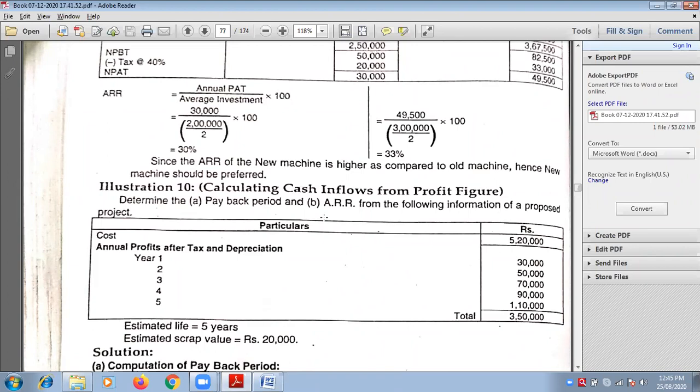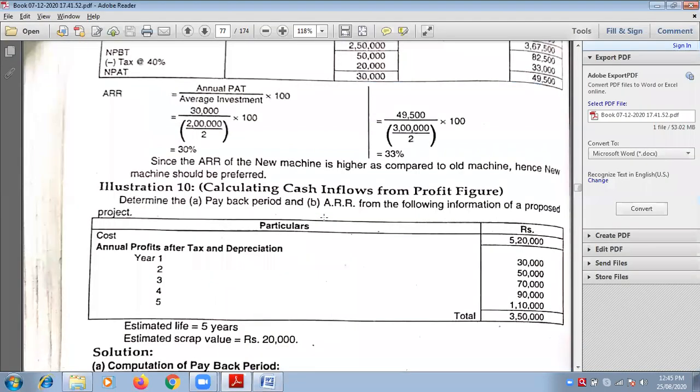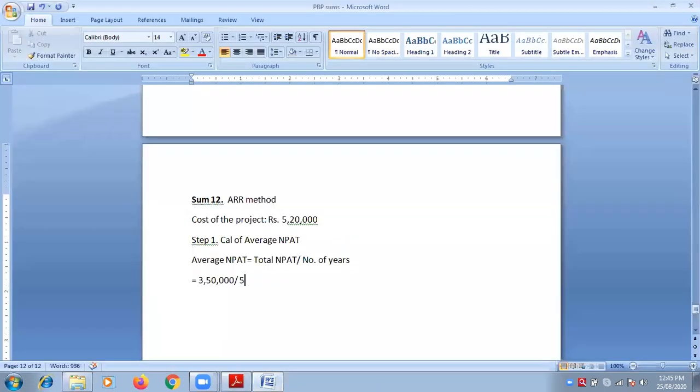The total is 3,50,000, divided by the number of years. For how many years has the profit been given? For 5 years.